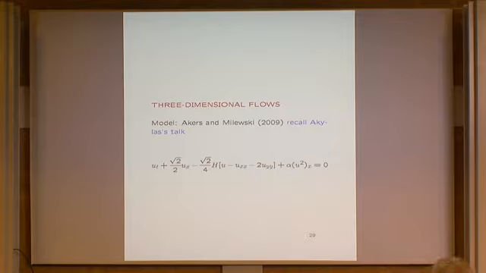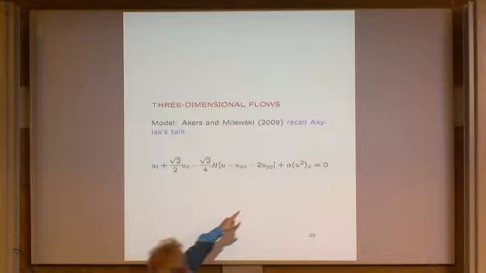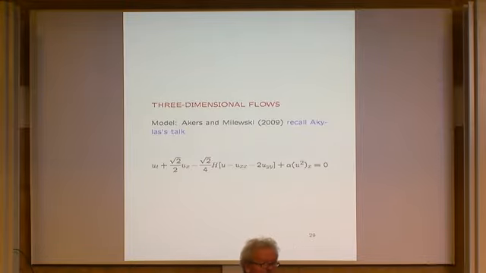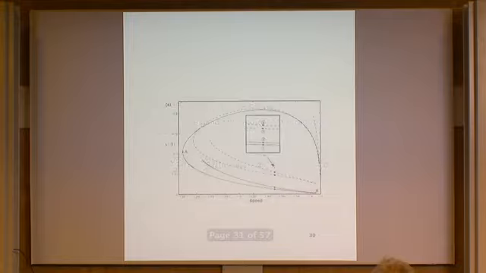This is not that, it's the original model of Akers and Milewski. The idea is to have the property of the linear dispersion relation expanded near the minimum, and also to fit it with the NLS, and fitting the NLS gives the numerical value of the coefficient alpha. This is something much easier to solve. The H here is a Hilbert transform.